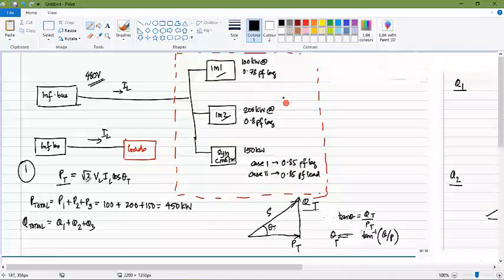So the total power will be equal to root 3 VL cos theta t. We can easily find this total power because we know the real power of all the motors. We get it from P1 plus P2 plus P3, a simple algebraic summation of the three, which gives us 450 kilowatts.